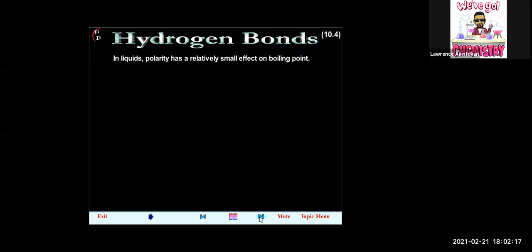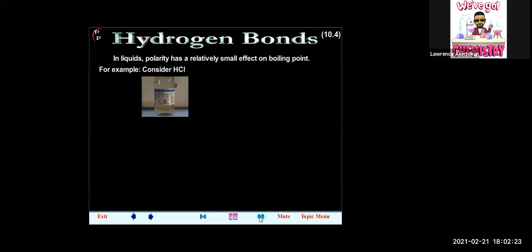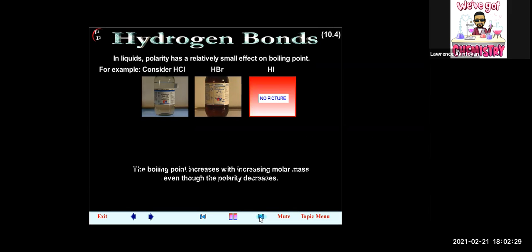In liquids, polarity has a relatively small effect on boiling point. For example, consider hydrochloric acid, hydrobromic acid, hydroiodic acid. The boiling point increases with increasing molar mass, even though the polarity decreases.